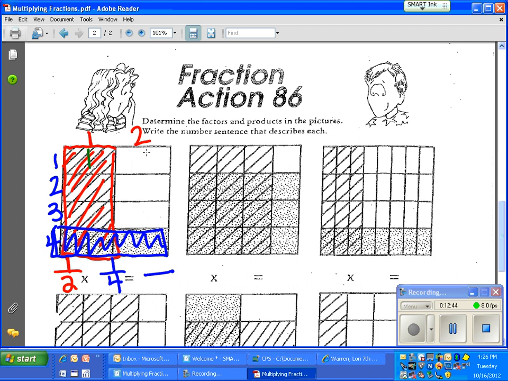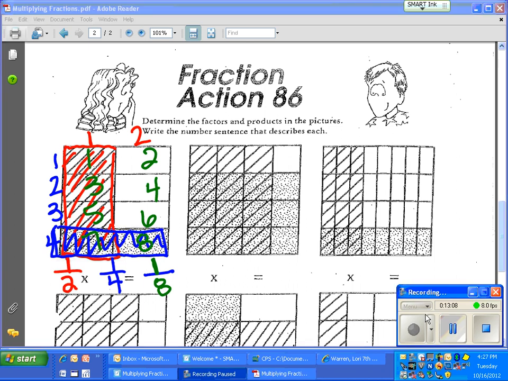We have 1, 2, 3, 4, 5, 6, 7, 8 rectangles. Out of those 8 rectangles, only one of them has the shaded dots and lines. So 1/2 times 1/4 equals 1/8 for this problem.